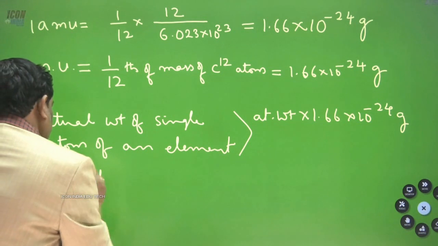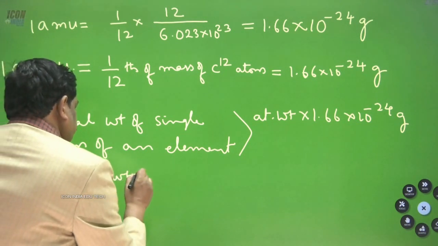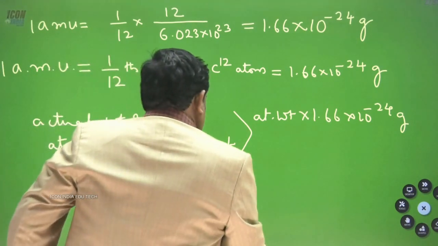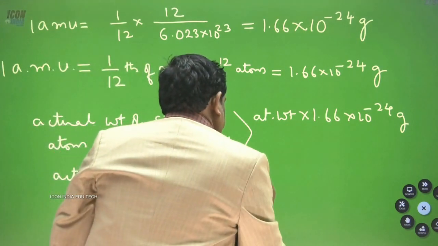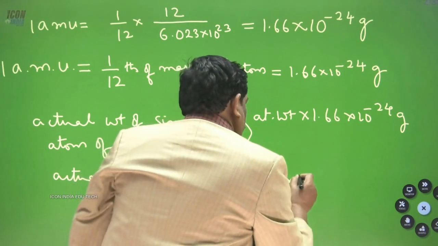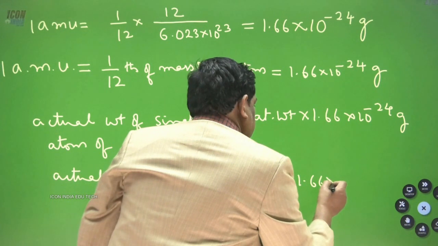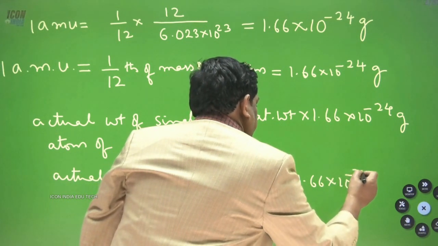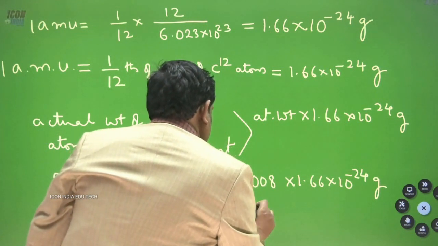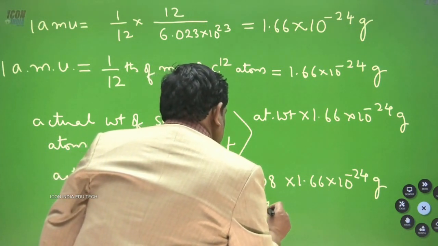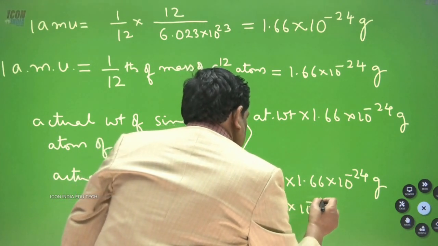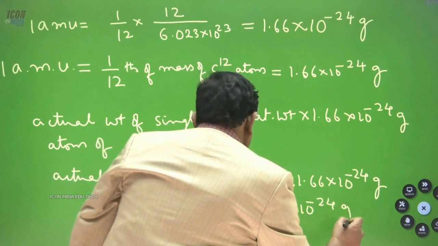Actual weight of a hydrogen atom is equal to 1.008 into 1.66 into 10 to the power of minus 24 gram. You get approximately 1.672 or 673 into 10 to the power of minus 24 gram.